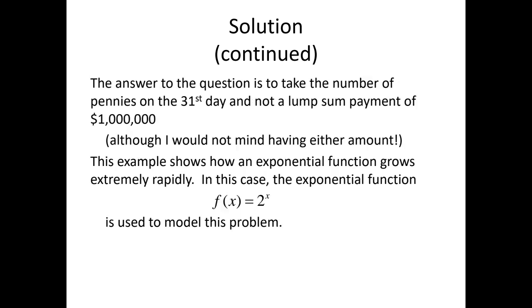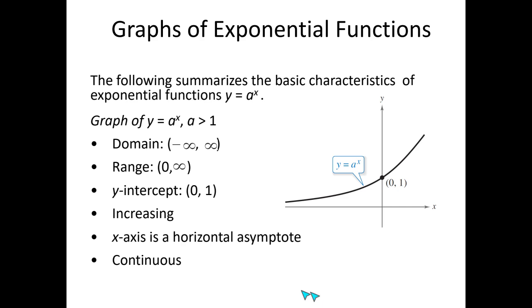Okay. And so we're going to go ahead and look at these exponential functions. This is the basic graph. It's going to look something like this. And the base here is A. The number in front of your base is going to be your y-intercept. So in this case, your y-intercept is (0, 1). The domain, notice that we're using all the x values.